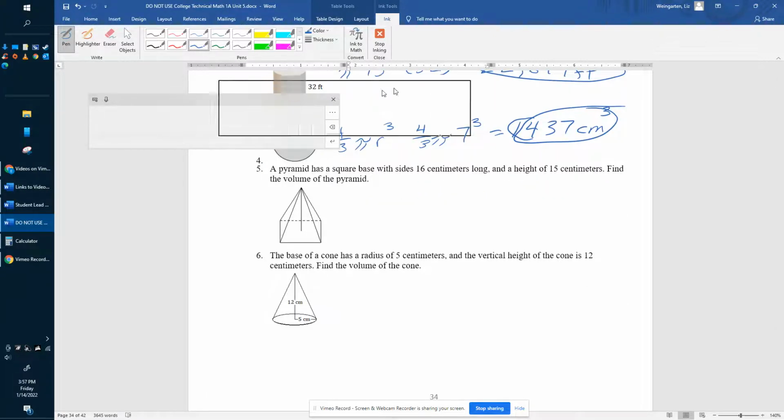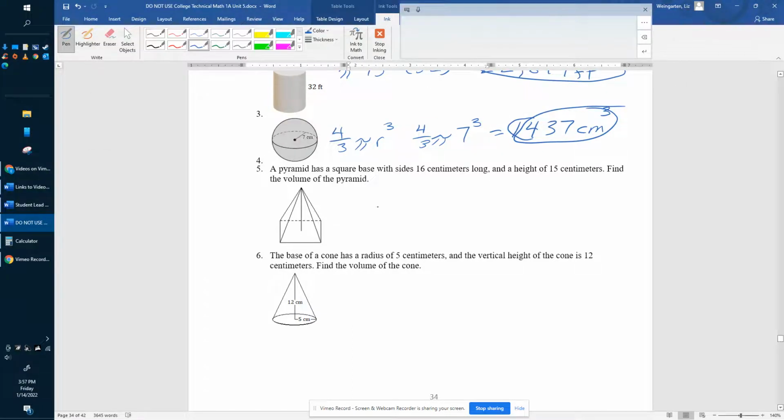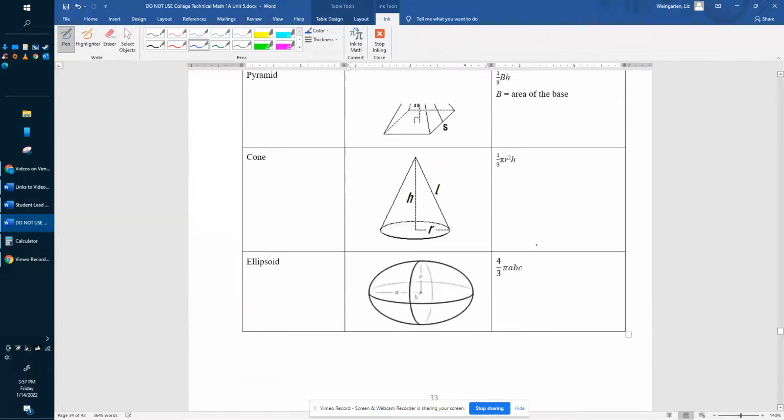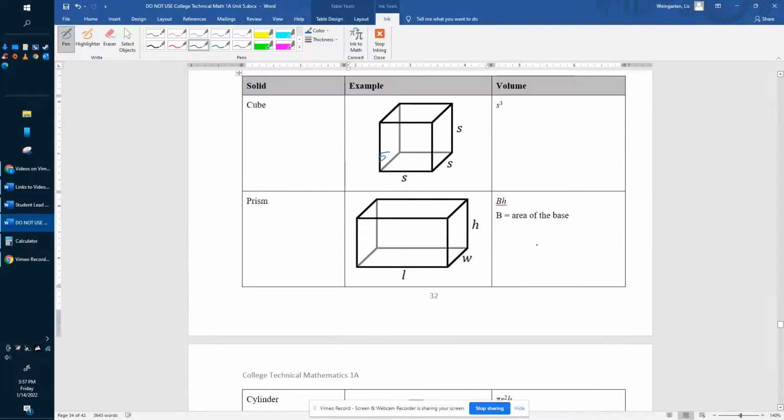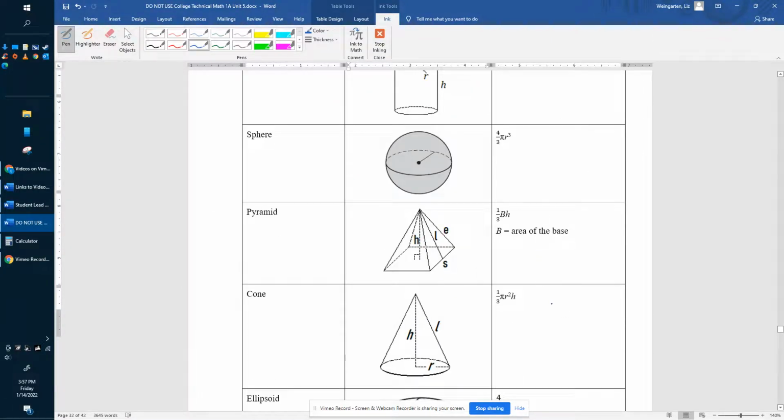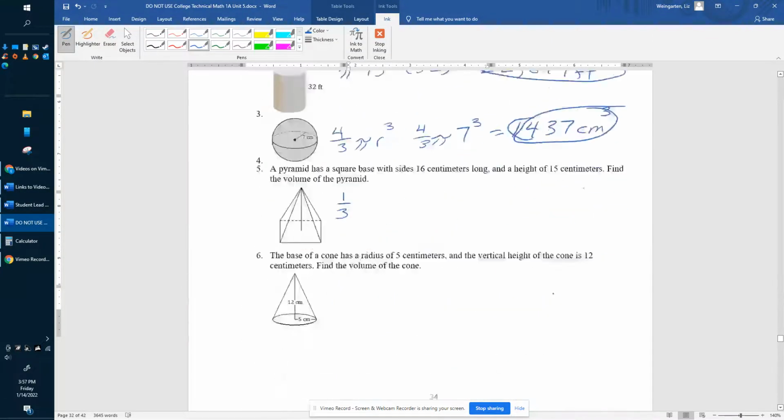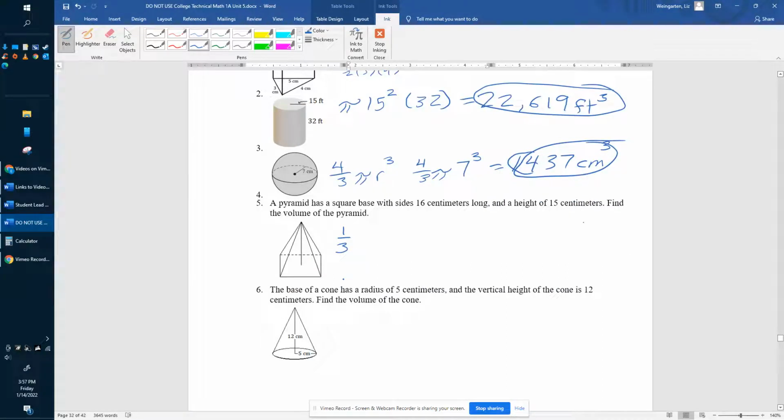A pyramid has a square base with sides 16 centimeters long and a height of 15 centimeters. Find the volume of the pyramid. So this is going to be 1/3 base times height. So the area of the base, it's a square base.